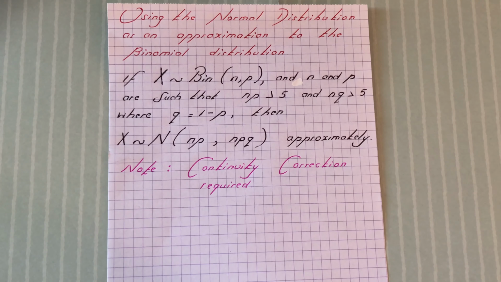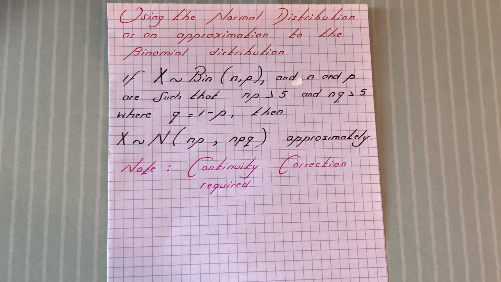Hey everyone. The next approximation that we're going to look at is the normal distribution as an approximation to the binomial distribution. The conditions are: if X follows Bin(n, p), and n and p are such that np is greater than 5 and nq is greater than 5, where q is 1 minus p, then X follows Normal(np, npq) approximately.